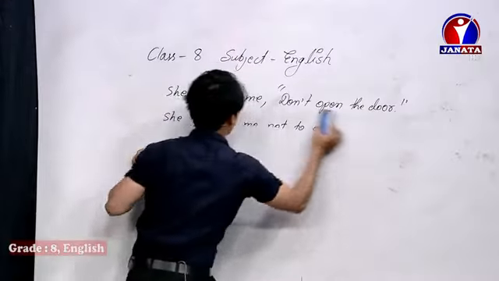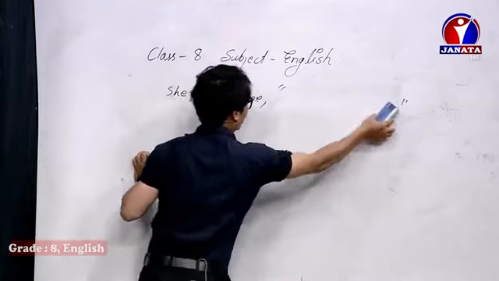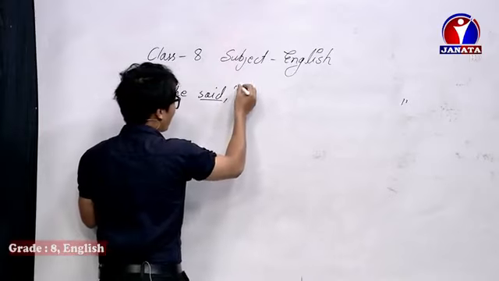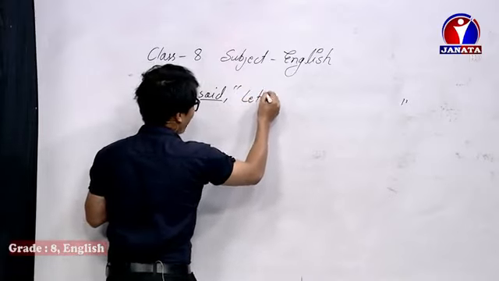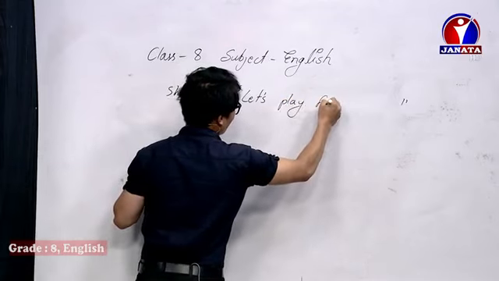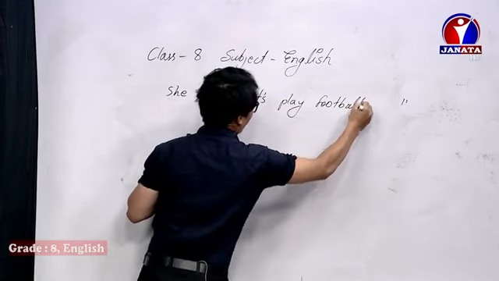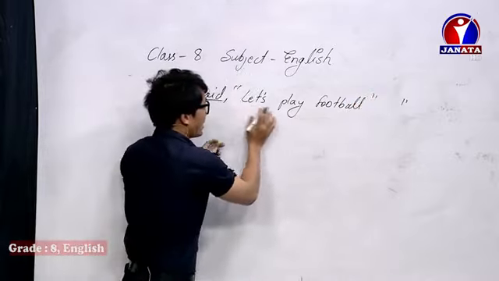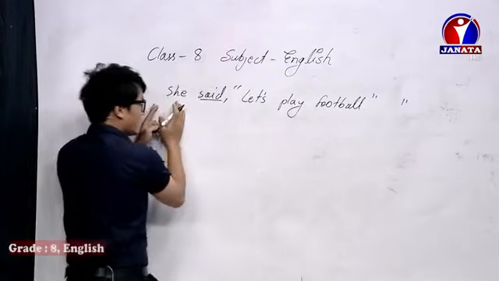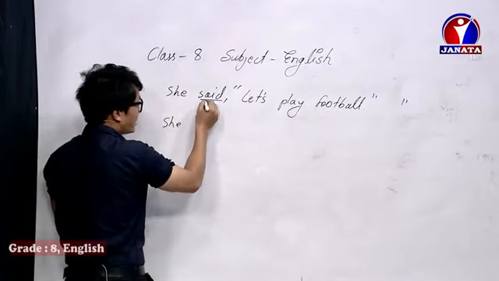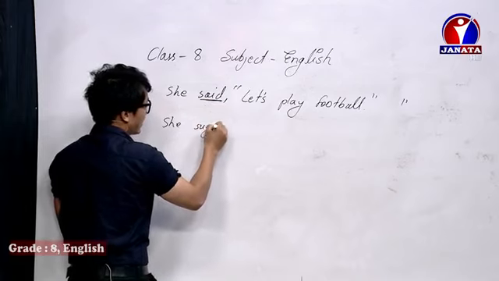Let me write here. Okay, she said, let's play football. So when there is a let's play football, we should remember that this is a suggestion. She is giving a suggestion. This is past, so we need to write suggested.